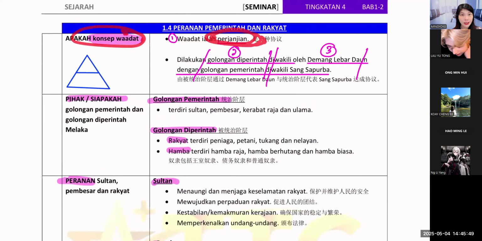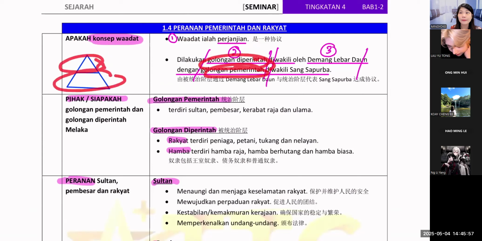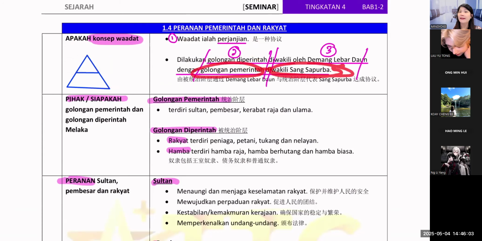Wadat refers to perjanjian, where it is a perjanjian that is made between golongan pemerintah and golongan diperintah. Seterusnya, golongan pemerintah diwakili sang sapuba dan golongan diperintah diwakili demang deba daun. You see? So perjanjian alone is 1 mark. Pemerintah diperintah 2 marks. Wakil is 3 marks.